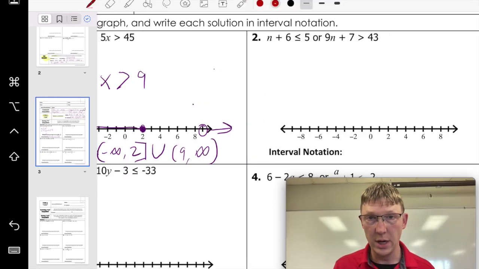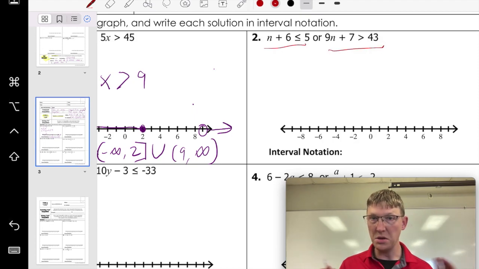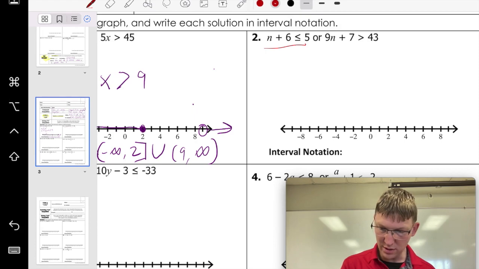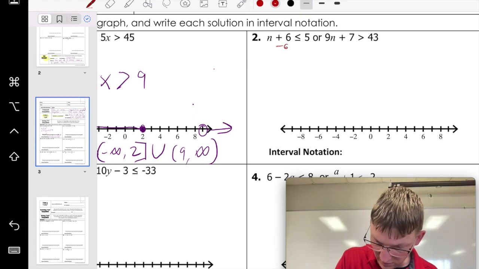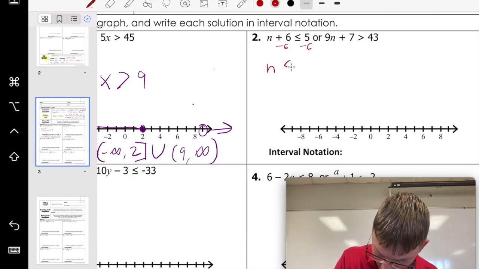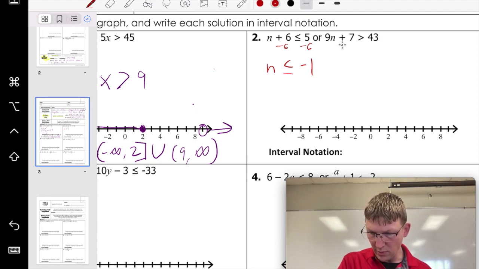So for number 2, we're going to do the same thing. We're going to solve this guy, and then cram them together with an or. So we're going to subtract 6 from both sides. So that means we got n is less than or equal to -1. And then on the other side, we'll subtract 7 from both sides.